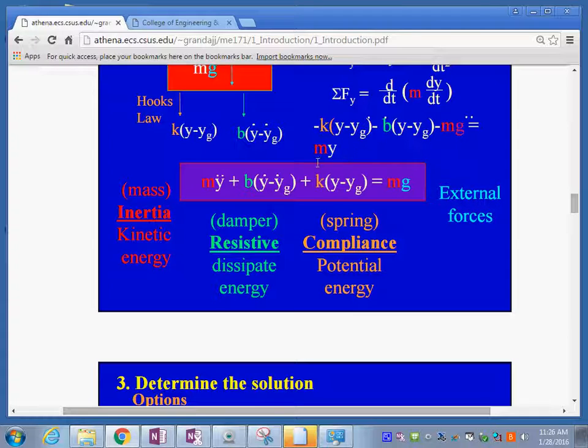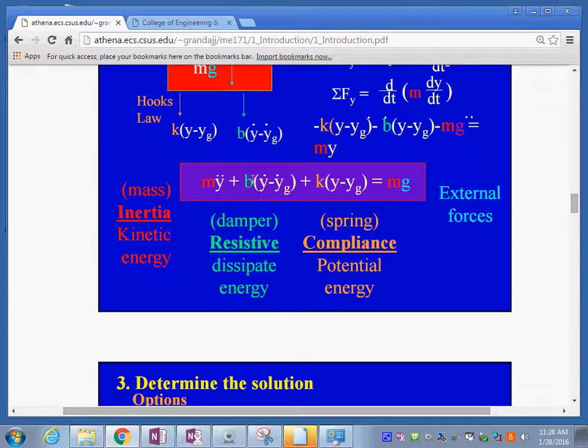Now, this is the time where you're going to be using those differential equations that you learned in your introductory math courses. You see in here the differential equation reveals that you have the mass inertia element, the red one over here.